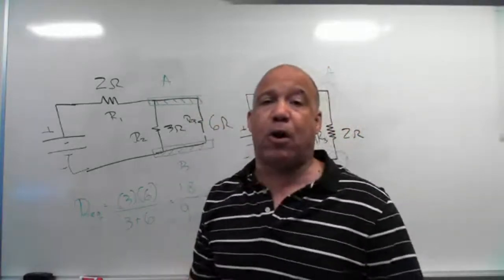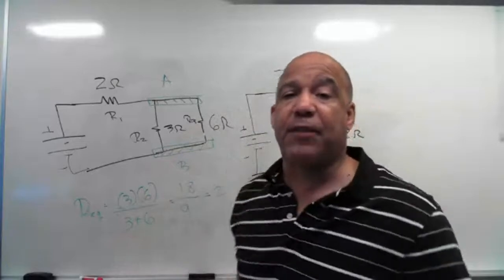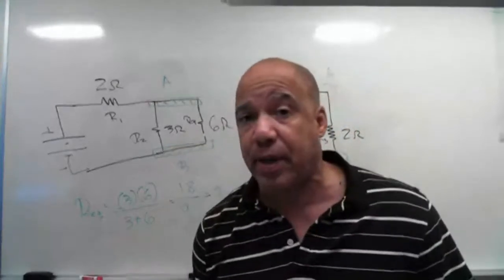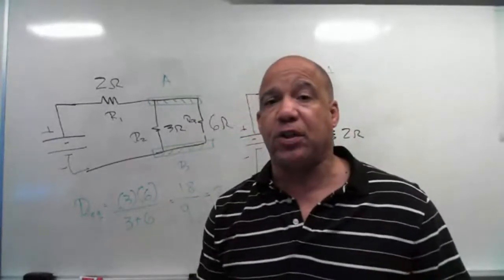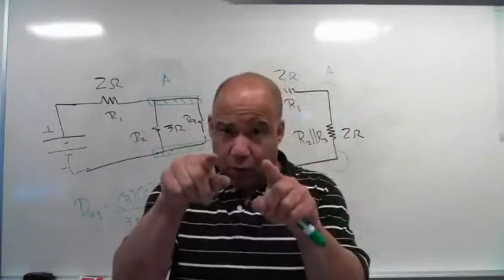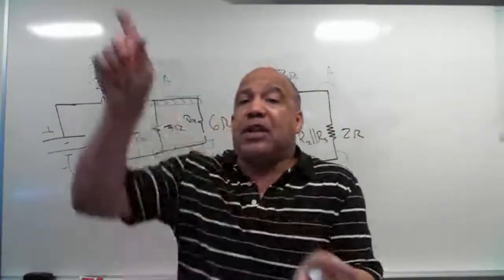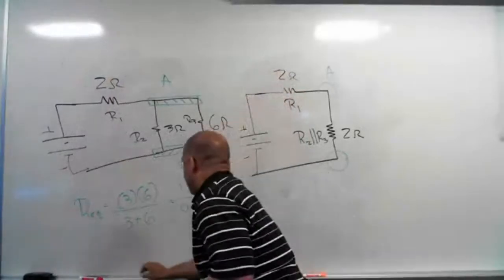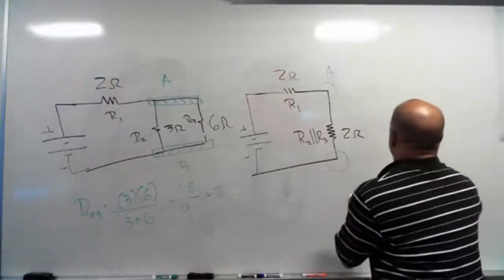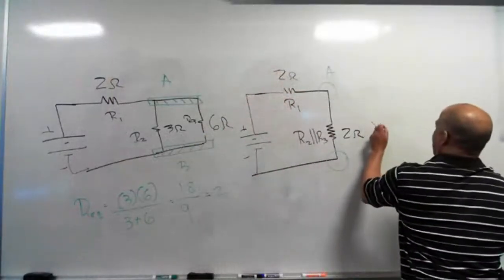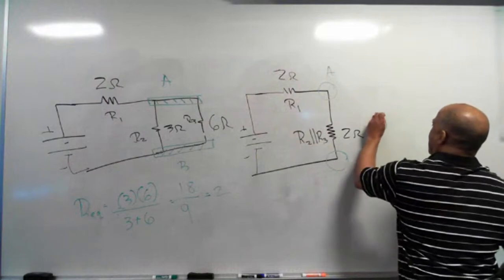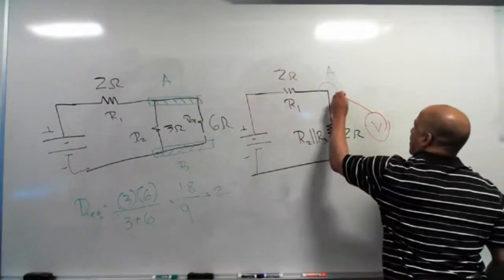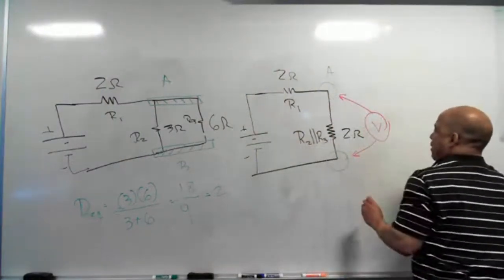And if I talk about the voltage in the equivalent circuit, the voltage from A to B, what I like to do when I show a voltage drop, you see me do it. I like to draw a little circle that represents the voltmeter and show the leads come up to the points I want to measure between. So if I was measuring the voltage from A to B, I might do something like this. Voltage from there to there.